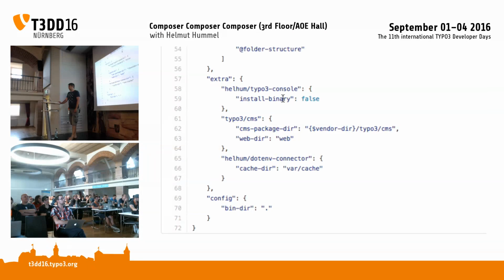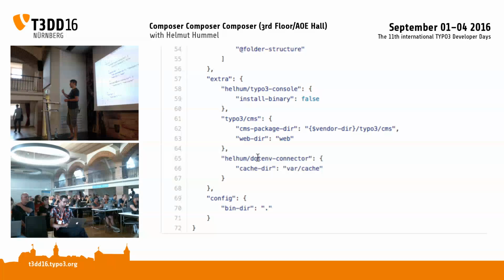And I have some other magic in place here, which is the .env connector, where I can have the project configuration committed in my repository, but the specific environment configuration, which differs from development machine to development machine, I don't have in my repository.